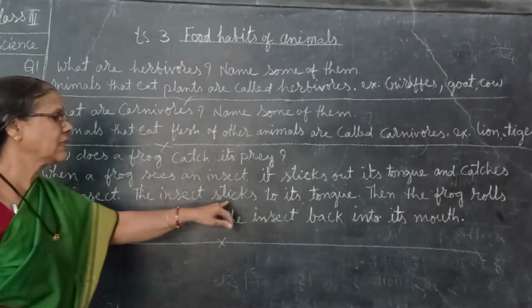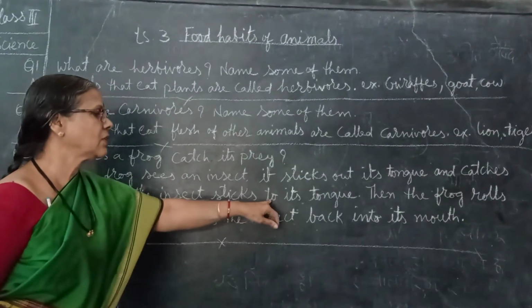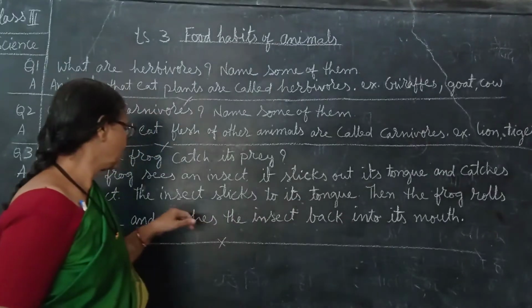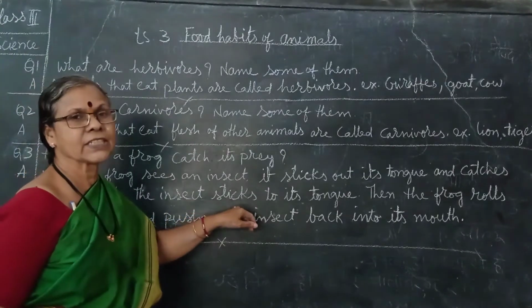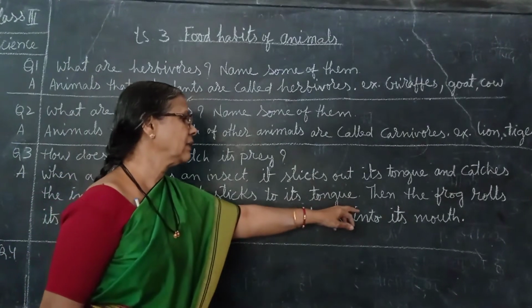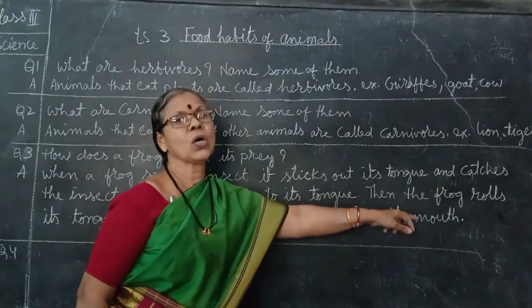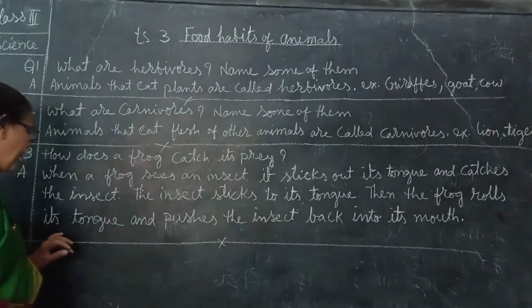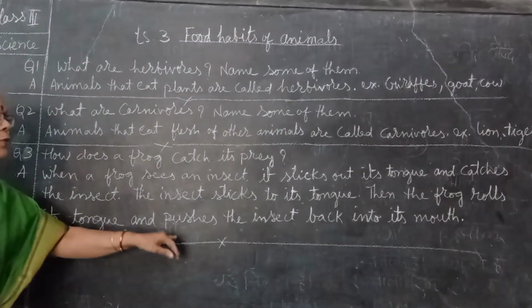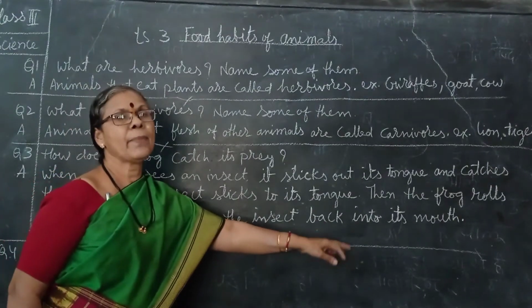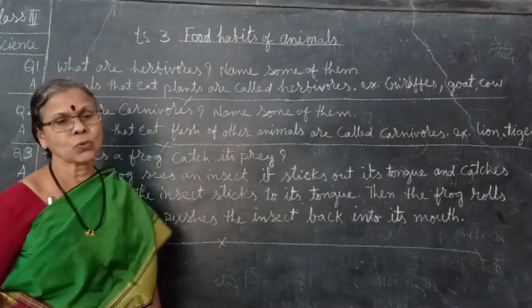The insect sticks to its tongue. Then the frog rolls its tongue and pushes the insect back into its mouth.